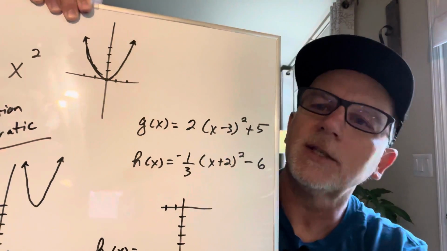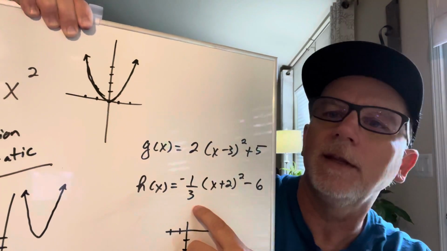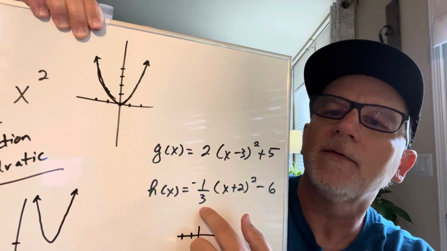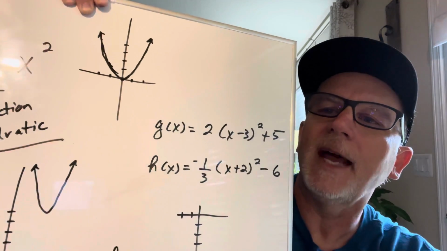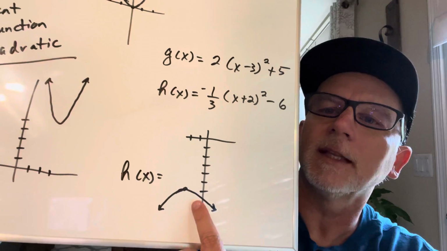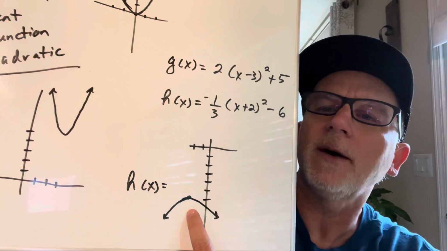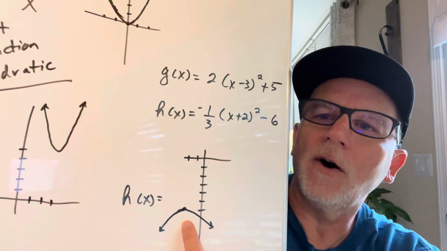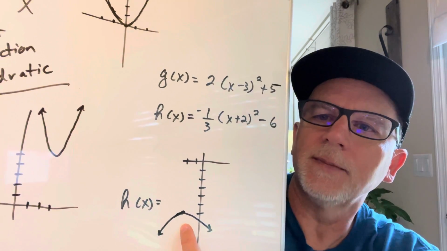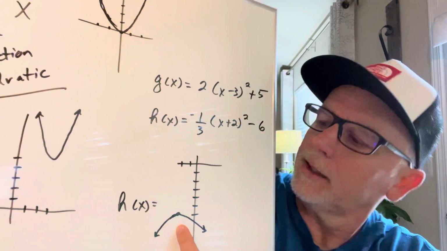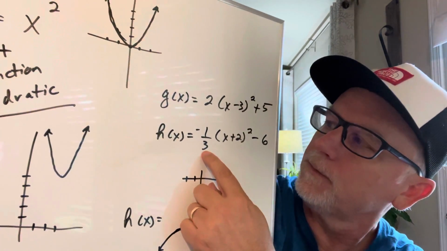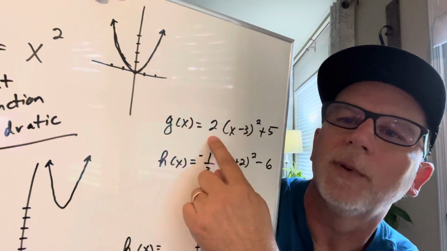So then the next question is, well then what would this look like? See the negative? The negative means this graph is going to open downward. So it's going to look like this right here. It's going to open downward. And because it's 1/3, it's a vertical compression, because of the 1/3. So this is a vertical stretch because it's 2.